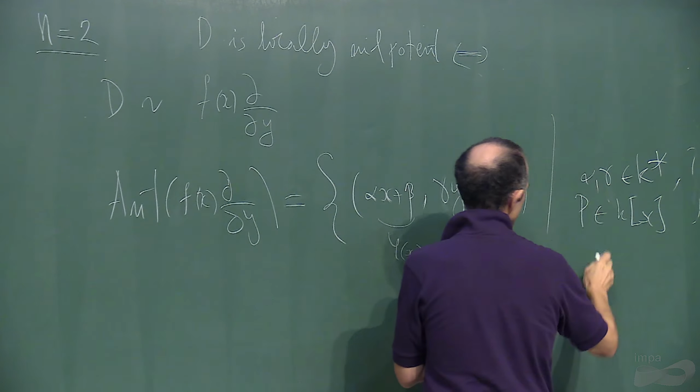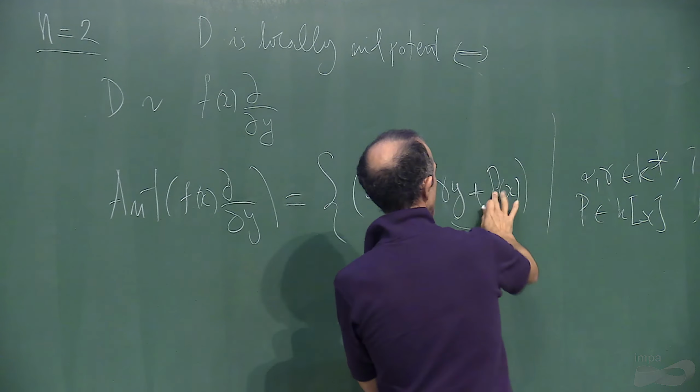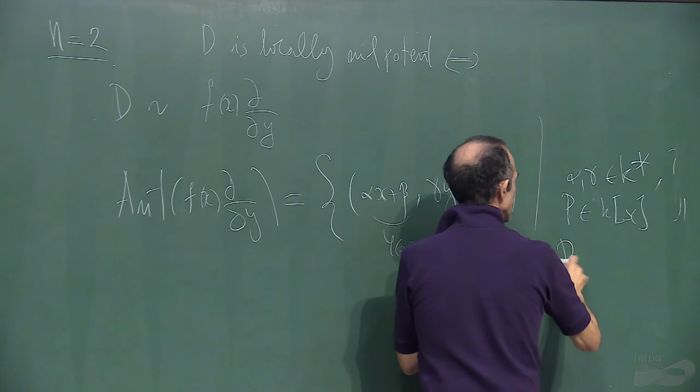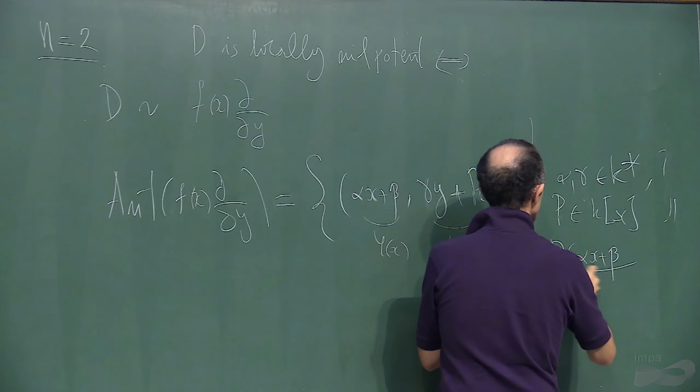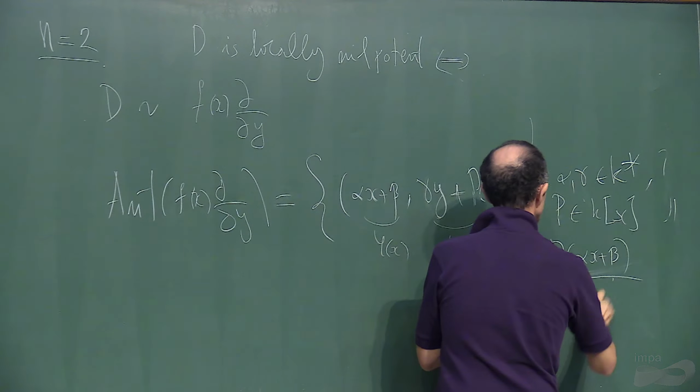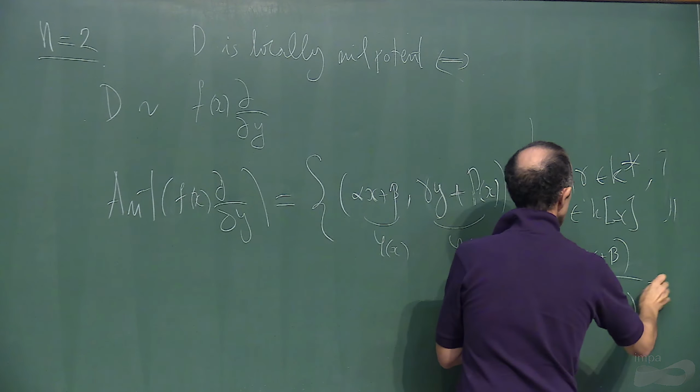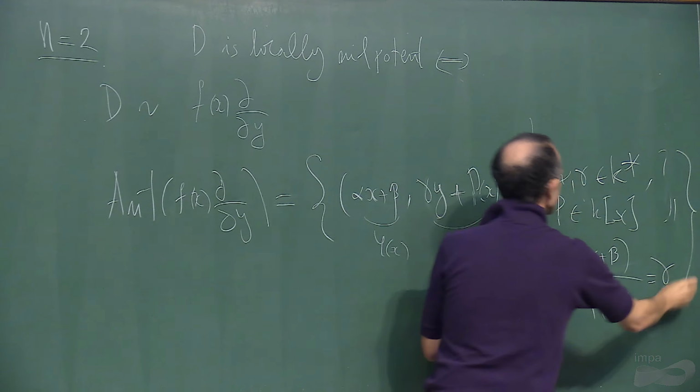And with a condition, in fact, this polynomial here is not arbitrary, but verifies this.